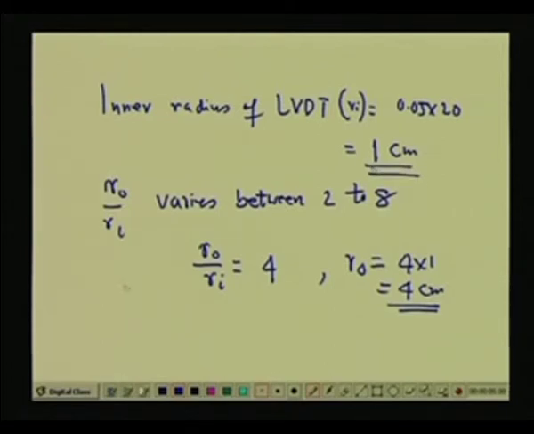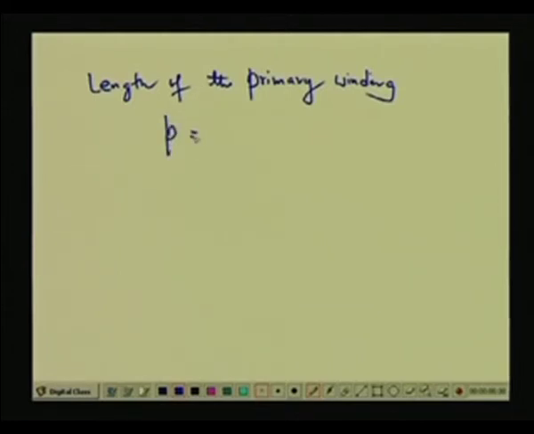Now, length of the primary winding will be given by, take a new page, P equal to x max upon 2 epsilon.